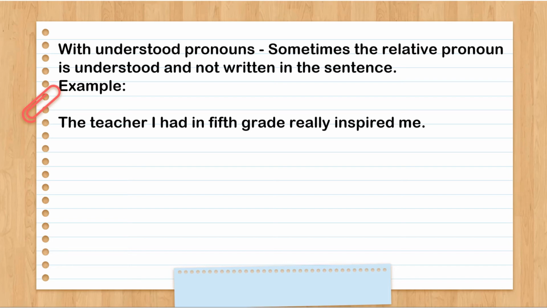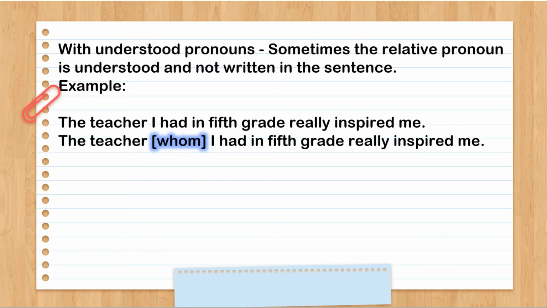It would also be right to say: the teacher whom I had in fifth grade really inspired me. But you have already understood what the relative pronoun is, and you don't need to write it. That's why you can omit it. So the teacher, whom, that is implicit there, right? The teacher I had in fifth grade really inspired me. If it is understood, you don't have to write the relative pronoun there, right?